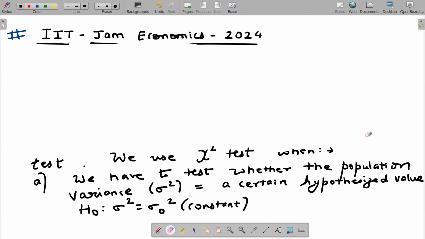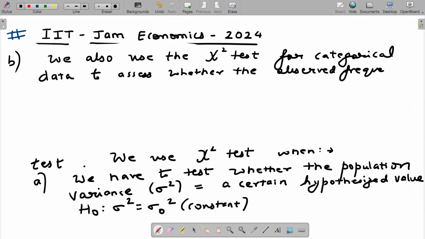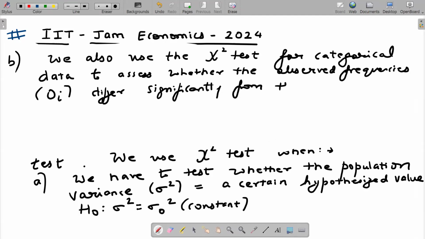On the top, I can write point B. We also use the chi-square test for categorical data to assess whether the observed frequencies, call them Oi, differ significantly from the expected frequencies Ei. So we also use chi-square test when we are working with categorical data.